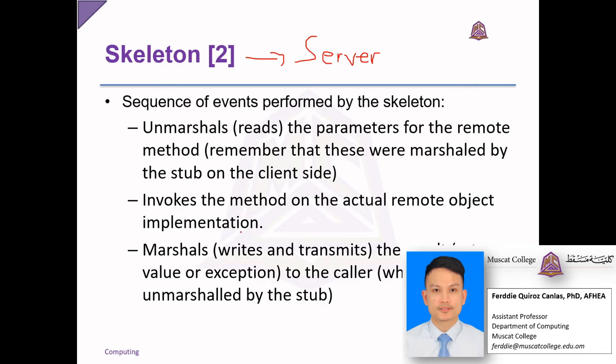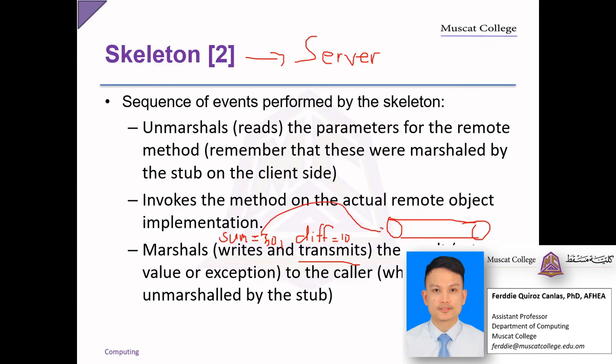In here, the server will write sum equals 30 and difference equals -10, right? So this will be written by the server and transmitted over the network. Expect that in your network, this data should pass, and it will return the value. If the code is successful, then the sum will be returned properly. Or if it's an error, you remember last time, an exception means error.